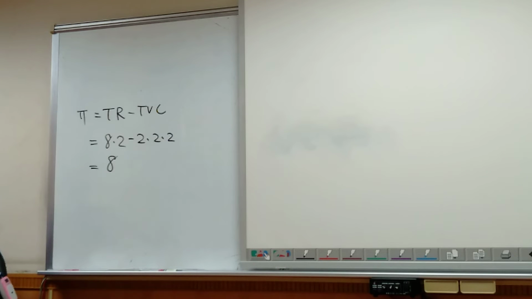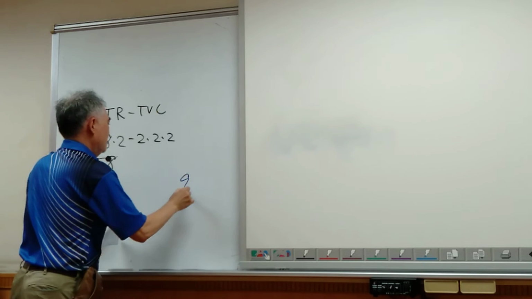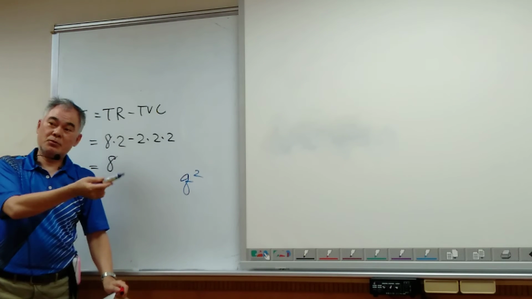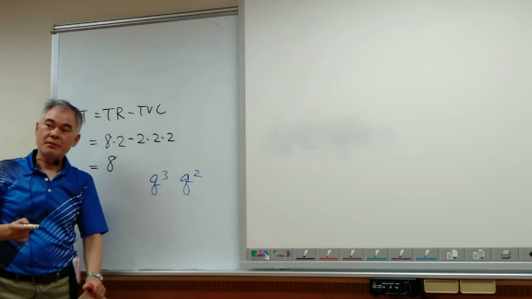Here the highest is cube. There's no fourth power. If here we call it square, right? And this we call cube.